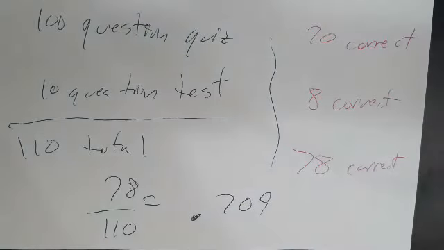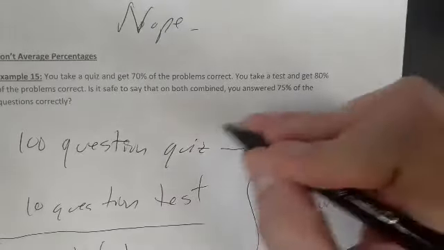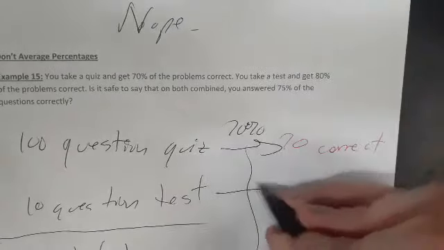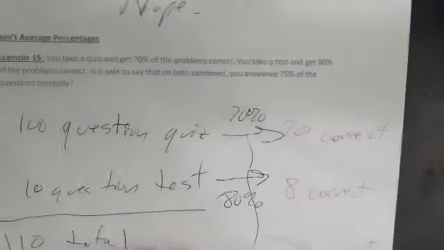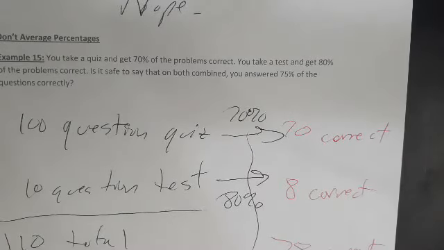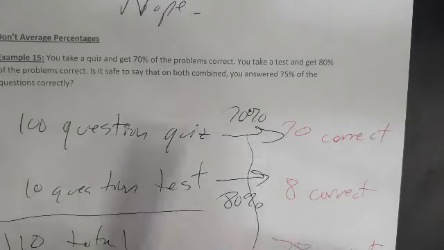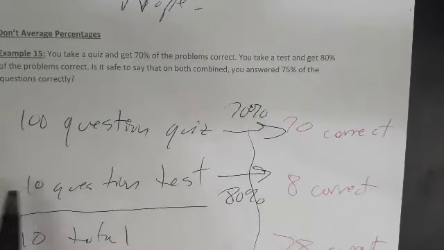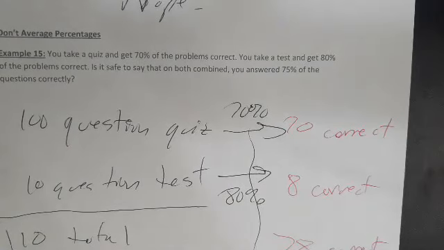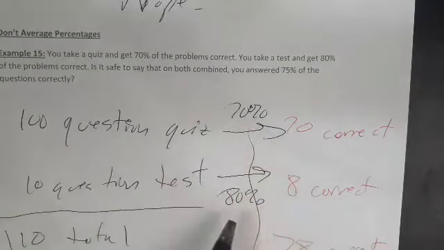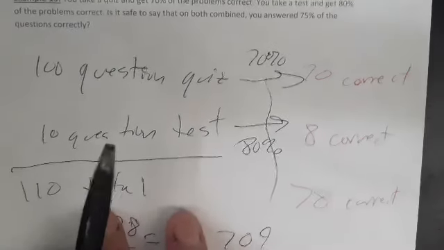I said 70% of the 100 here, and 80% of the 10. So I have different reference values, and anytime you have different reference values, you don't want to just average these percentages.